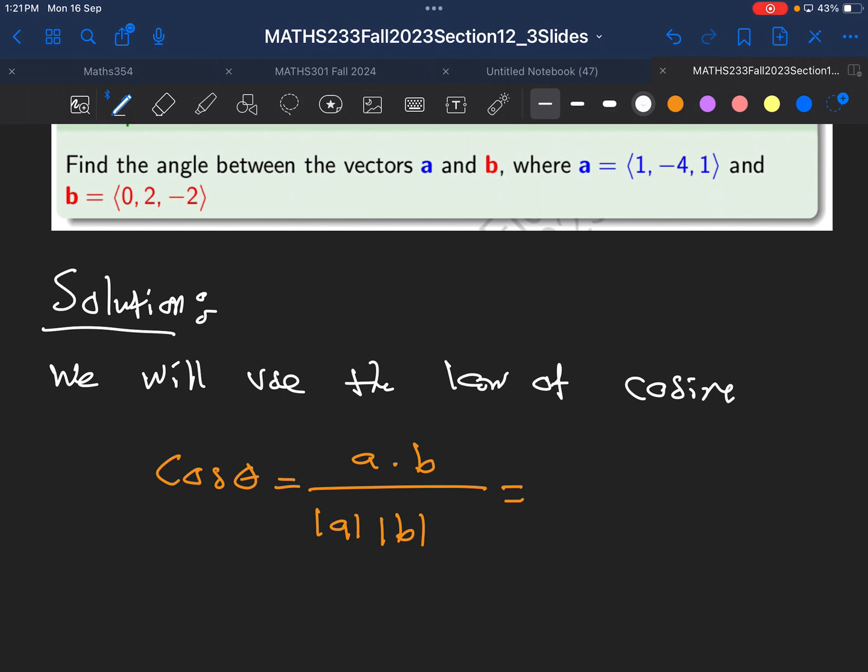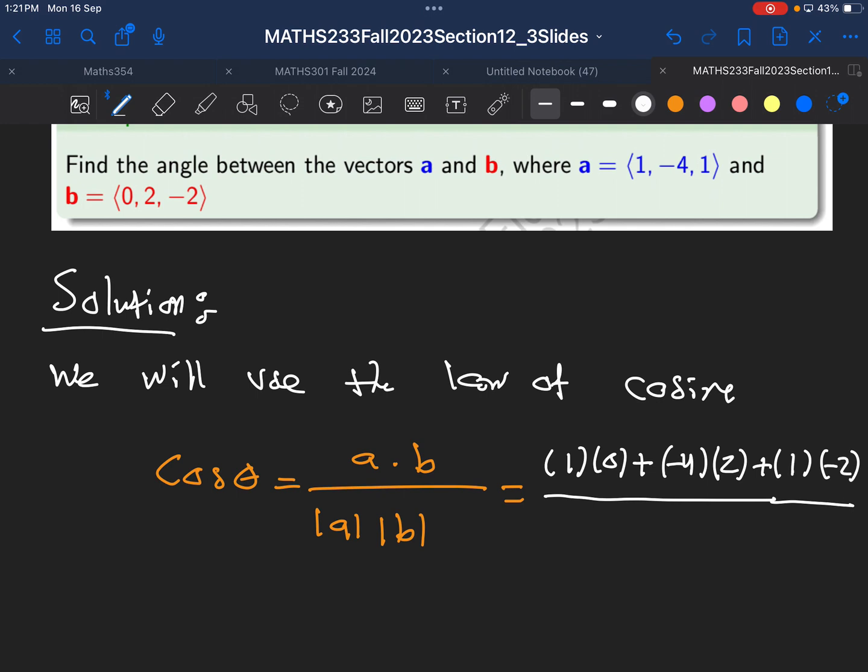Now, what is the A dot B? It means we multiply first by first. So I multiply 1 with 0, plus second, which is negative 4, by the other second in red, which is 2, plus third with third, which means 1 and negative 2. We write this in the numerator, on the top.